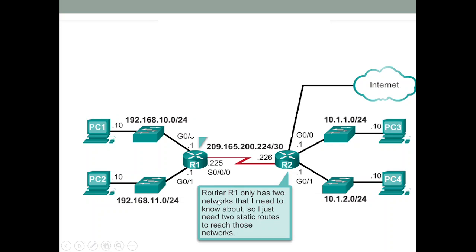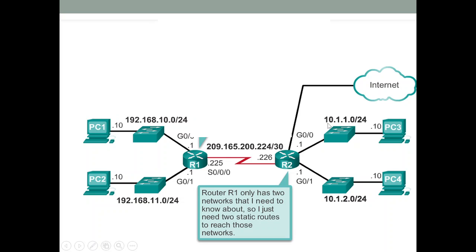Now, we can see router 1 only has 2 networks that it needs to know about. Those are the remote networks I've just discussed. This is one, and this is the second one.